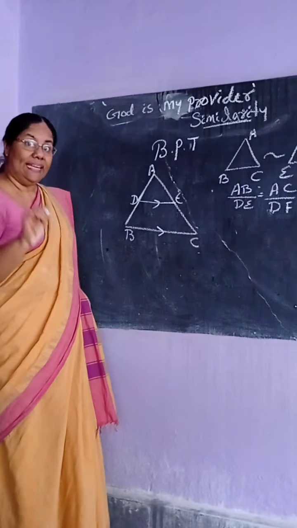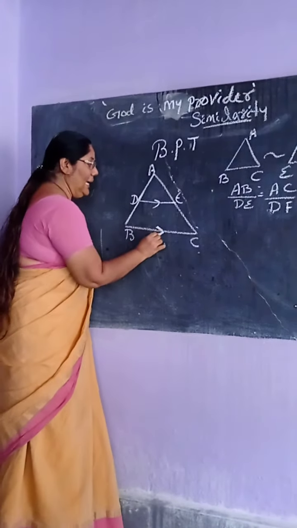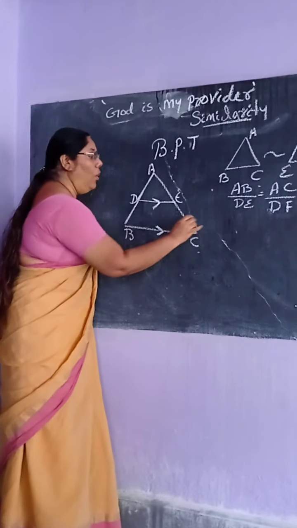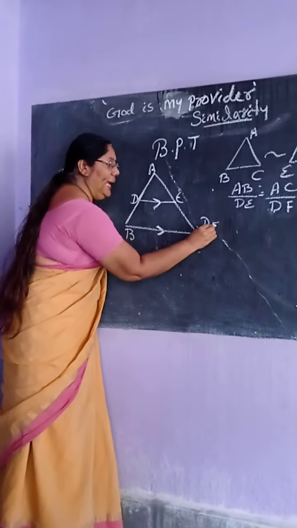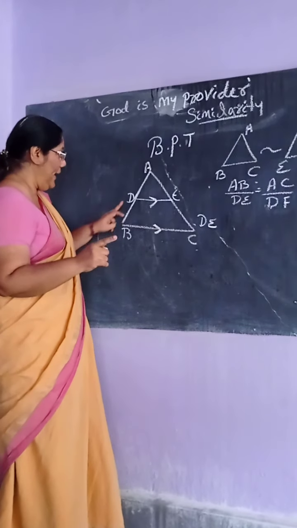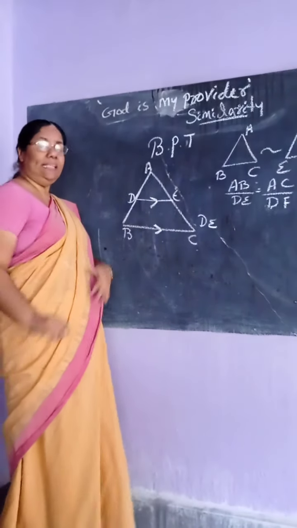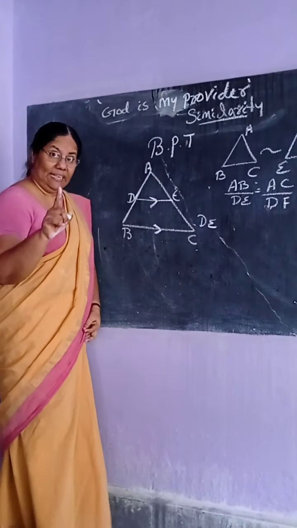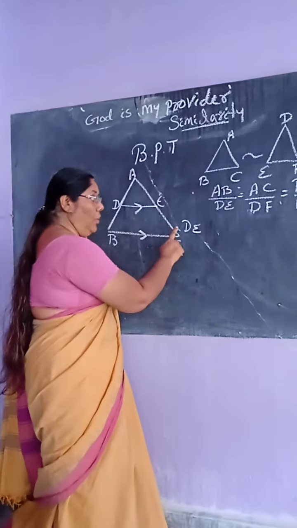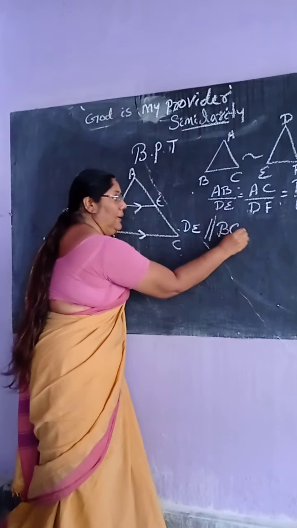Look here, what does that statement say? BC parallel to DE, or we draw DE. Understand? D is a point on AB and E is a point on AC. The condition is we draw DE parallel to BC.